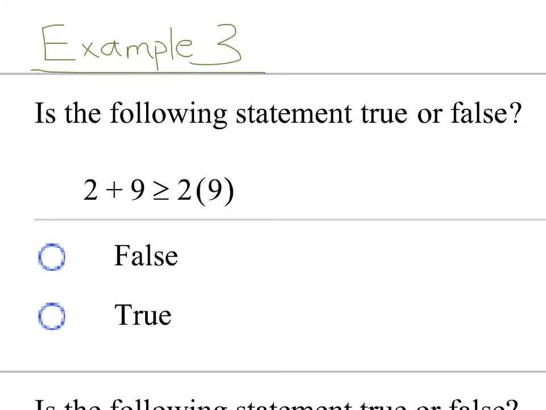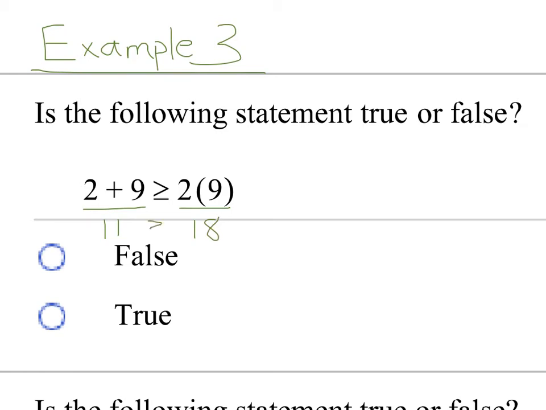Taking a look at example 3, we're going to evaluate the following statement to be true or false. 2 plus 9 is greater than or equal to 2 times 9. In order to figure out if this statement is true or false, we need to work out both sides to get an answer before we can tell which side has the bigger number. 2 plus 9 is 11, and 2 times 9 is 18.